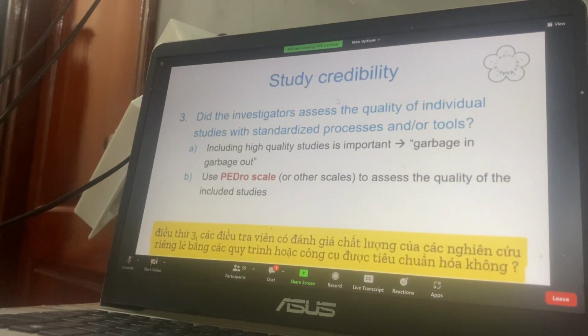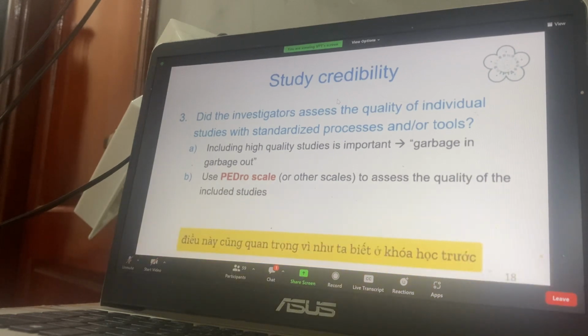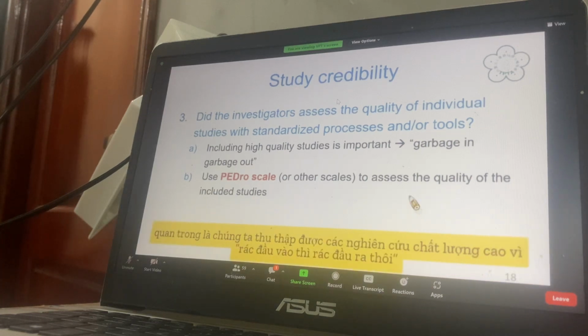The third question is to look at whether the investigator assesses the quality of individual studies with a standardized process or tool. And this is important because, as we know from our previous course, it is important to include or to read high quality studies, since garbage in, garbage out.